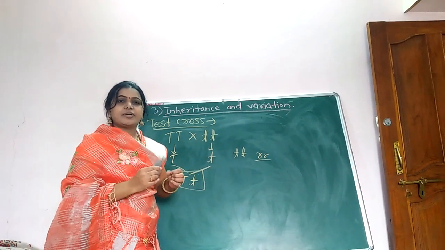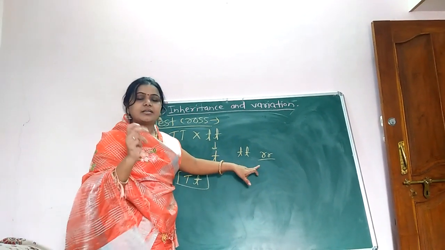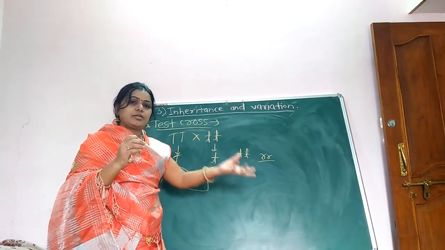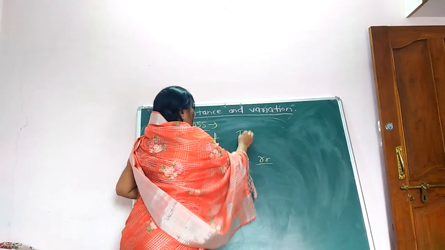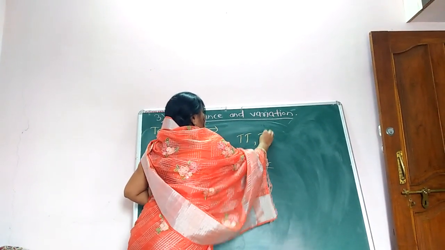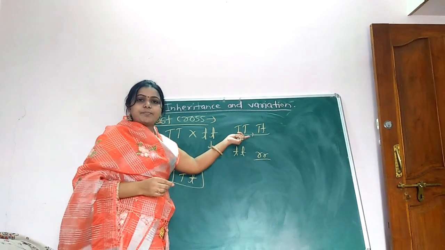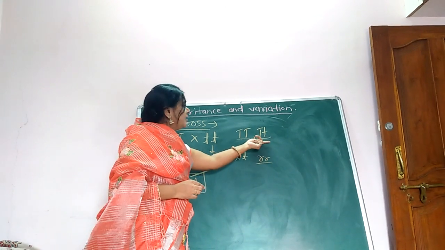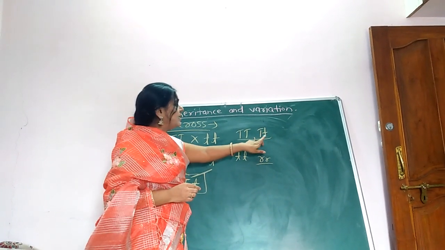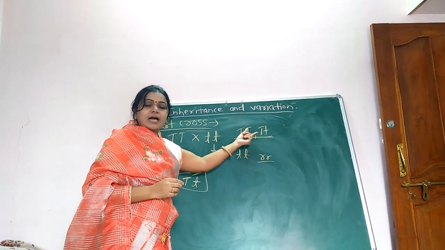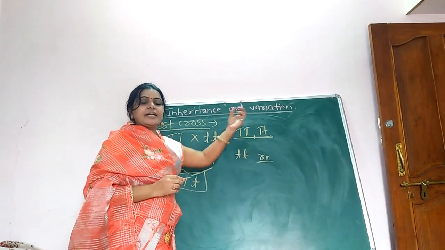The recessive trait definitely has a known genotype, but when it is the dominant phenotype, there are two types of genotype, for example capital T capital T, and capital T small t. This is the pure dominant and this is the hybrid dominant, but phenotypically these are both tall plants.